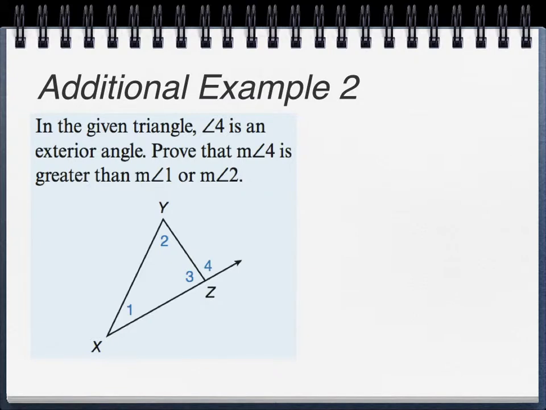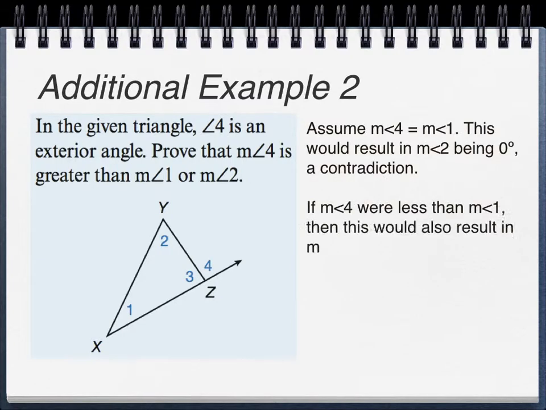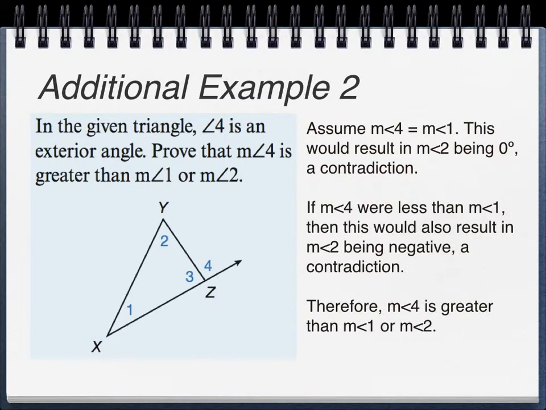All right, here we're asked to prove that first it says in the given triangle, angle 4 is an exterior angle. Prove that angle 4 is greater than the measure of angle 1 or the measure of angle 2. So let's assume that the measure of angle 4 is equal to the measure of angle 1.